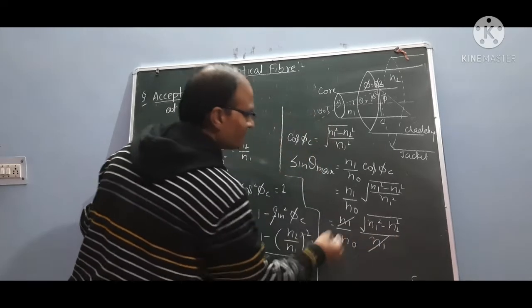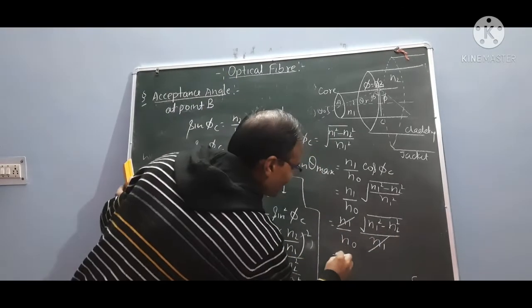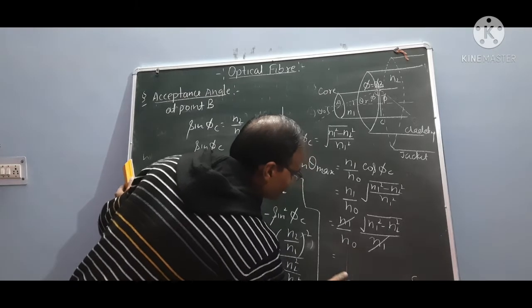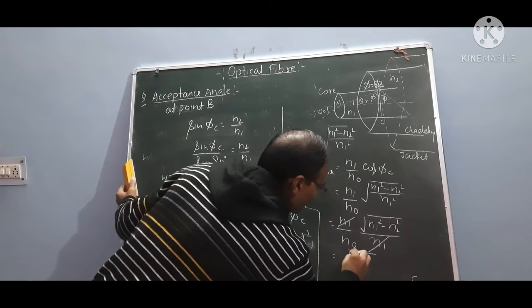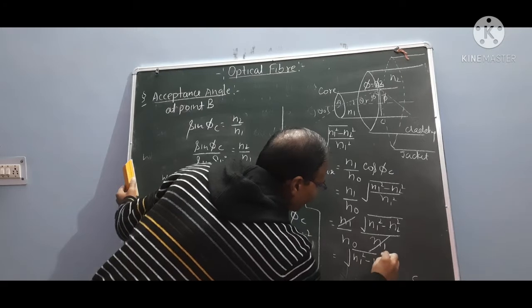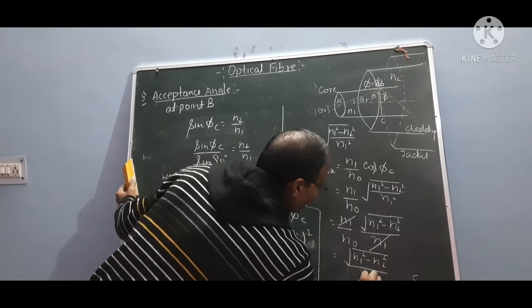N1 term has been cancelled out. So the equation is sin theta maximum equals under root n1 square minus n2 square upon n0.